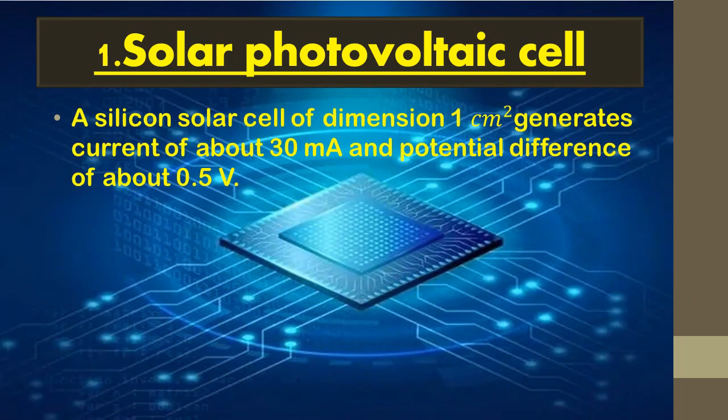A silicon solar cell of dimension 1 centimeter square generates a current of about 30 milliampere and a potential difference, that is V, of about 0.5 volt.